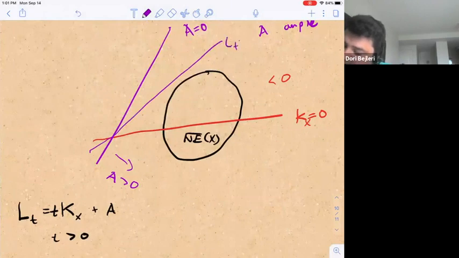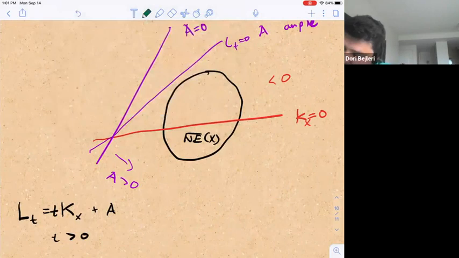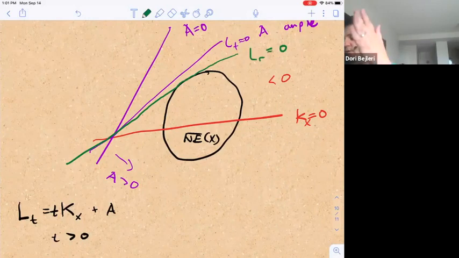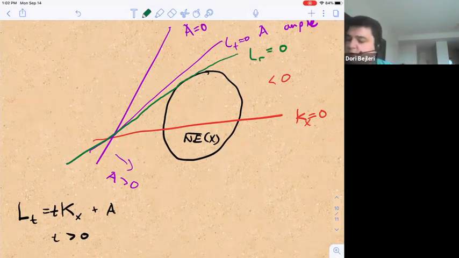These hyperplanes L_t equals 0 will start approaching NE bar, and eventually we'll hit something exactly on the boundary. So eventually we'll hit some t, let me call it r, where this hyperplane is actually tangent to the effective cone. Or not tangent, well, maybe tangent doesn't make sense, but where it just touches the effective cone.